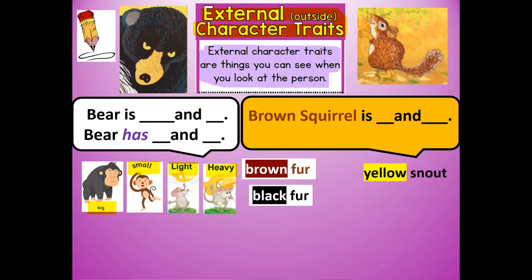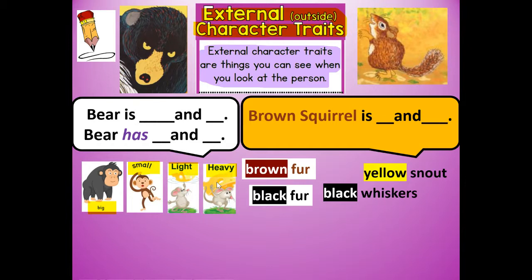And does he have a yellow snout, or long part of his nose? Or does he have black whiskers? So bear has black fur and a yellow snout, or black fur and black whiskers.